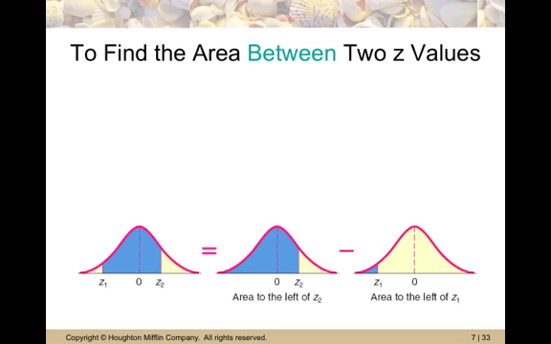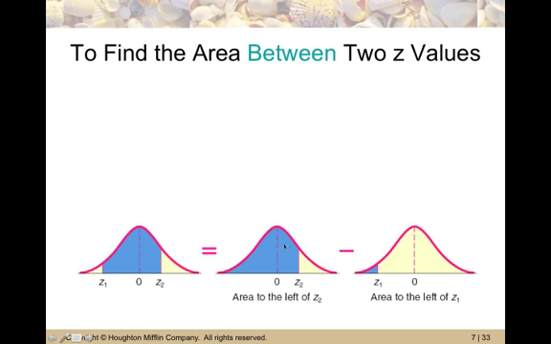Now, to find areas between two z-values, so here we're going from z1 to z2. What you do is you find the area to the left of the larger z-value. Okay, so you get this. But this area has too much because it has the whole tail. We don't want the area to the left of z1.